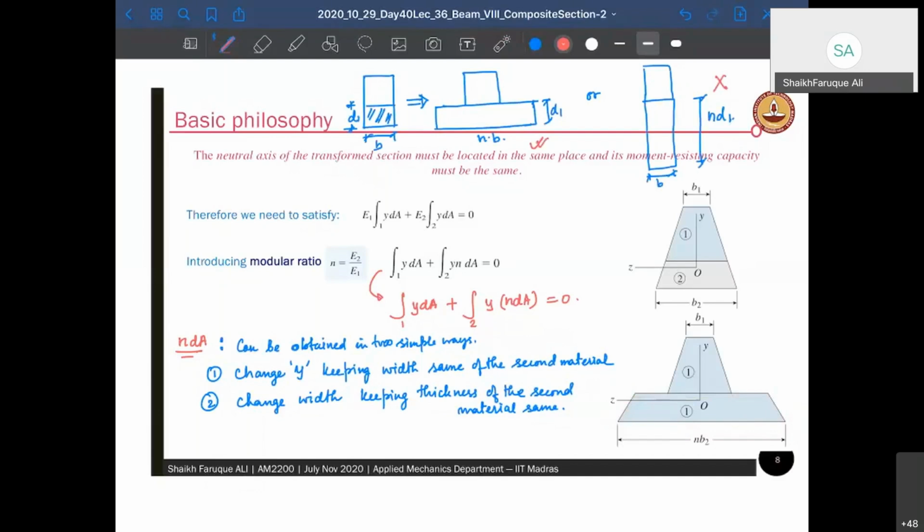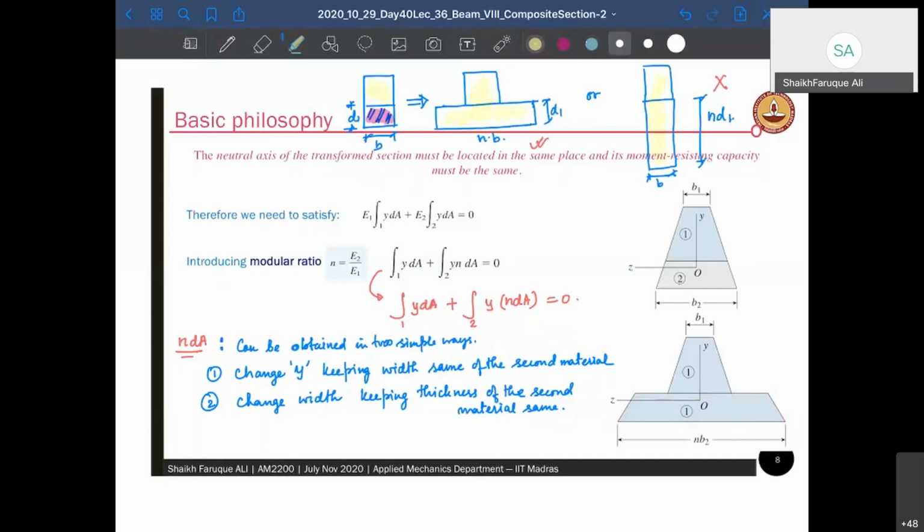Why? Now both of them are made up of the same material. So let me paint them also. Let's say this is this material and this is this material. Now both of them are the same material. Why not? Because I want my neutral axis to remain in the same position, and neutral axis depends on y.